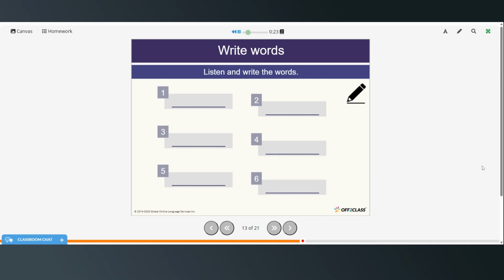Saw, hawk, dawn, lawn, pause, taught. Saw, hawk, dawn, lawn, pause, taught.